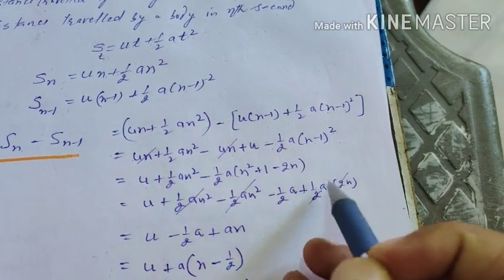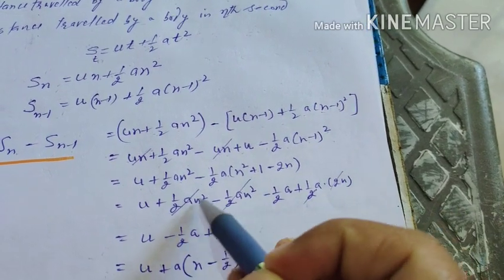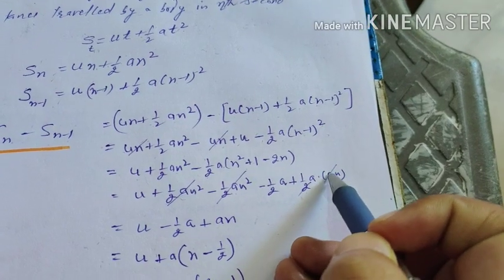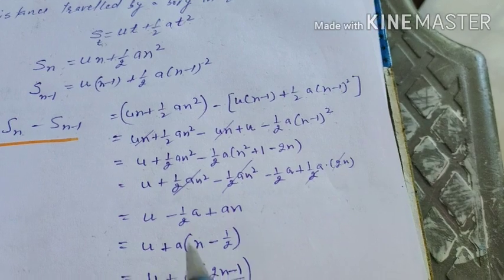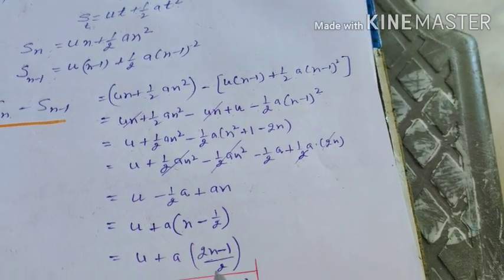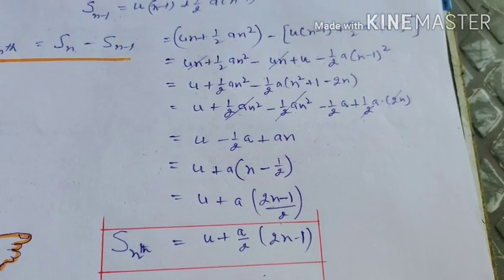Again open the bracket. So half a n square cancels with half a n square and 2 cancels with 2. So you will remain with u minus half a plus a n. You just take a outside, then take the LCM, bring this 2 outside, so this will be the result.